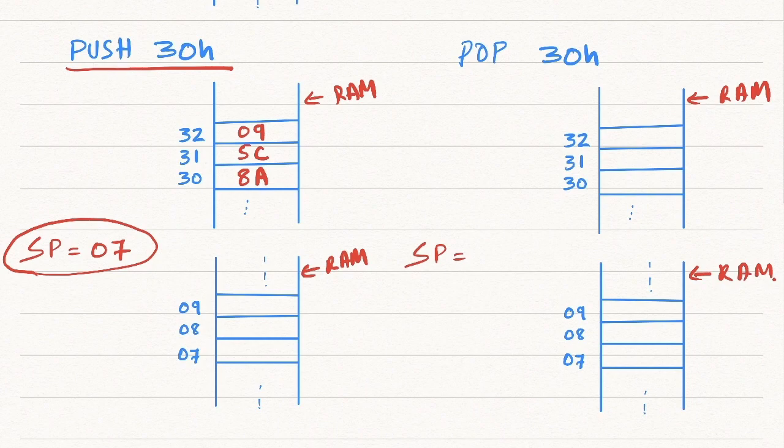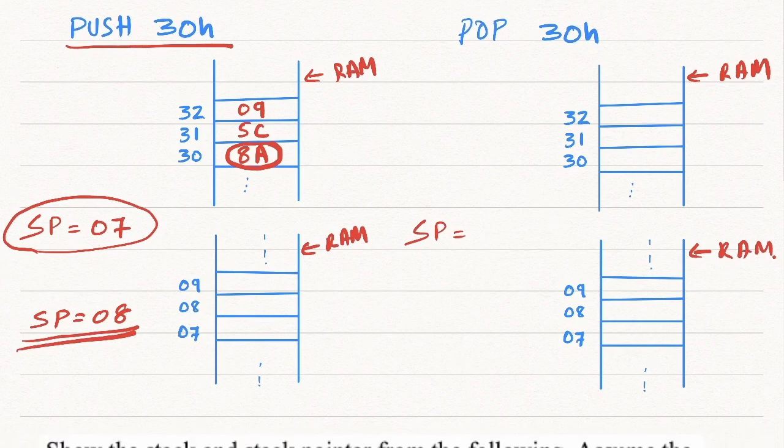That means it is pre-incrementing before the operation. So if the stack pointer is 07, it will become 08, and what we are pushing is the content of 30, which is 8AH. This 8A will be pushed to the location whose address is specified in the stack pointer, which is 08.